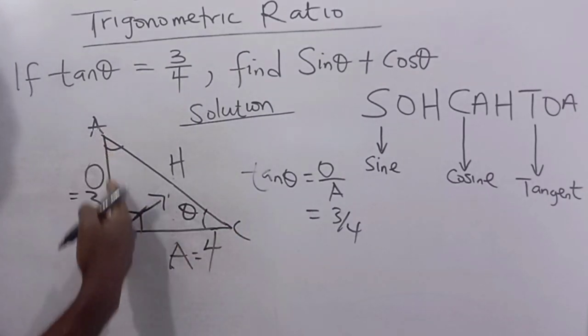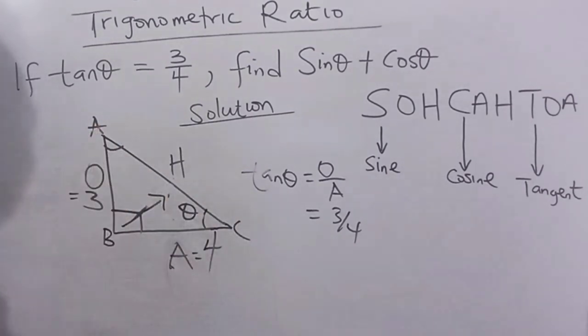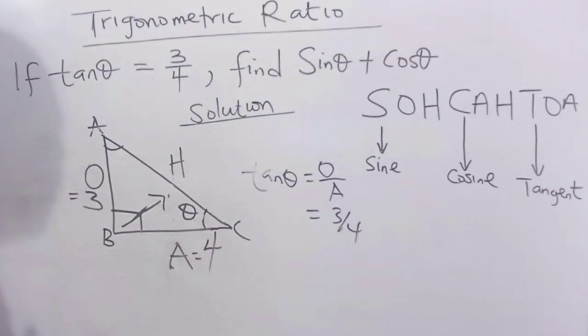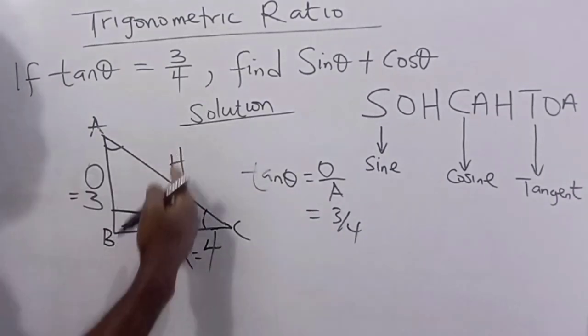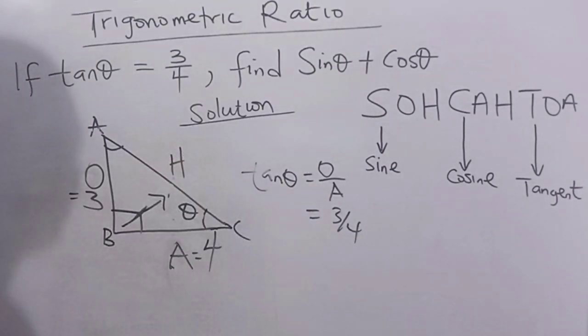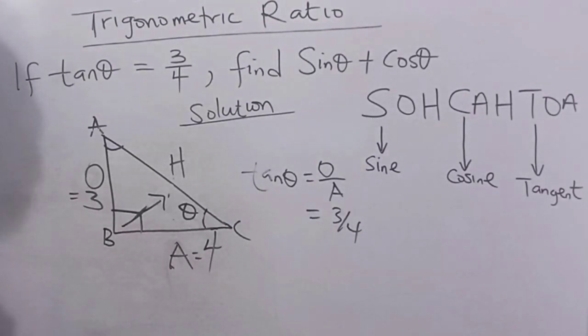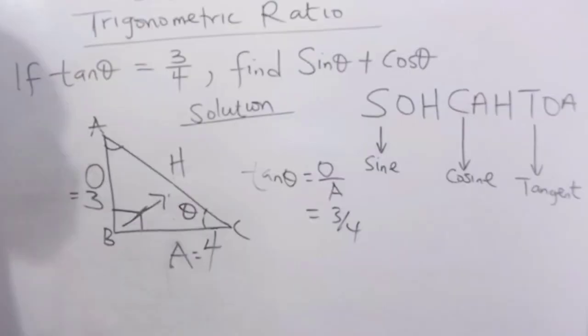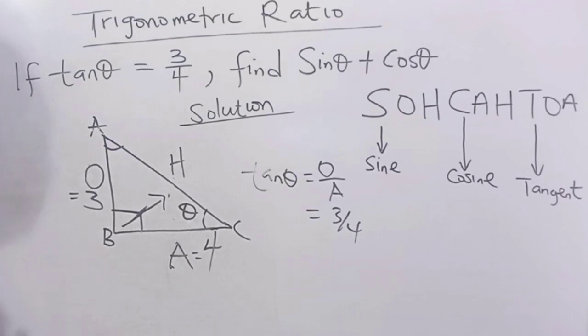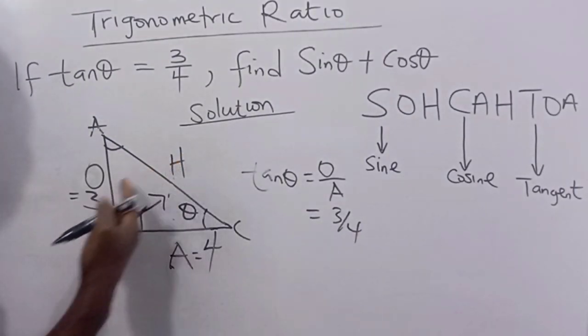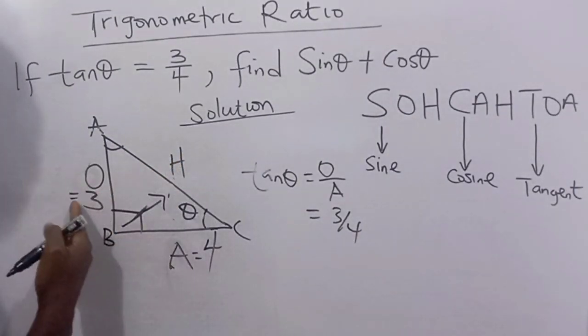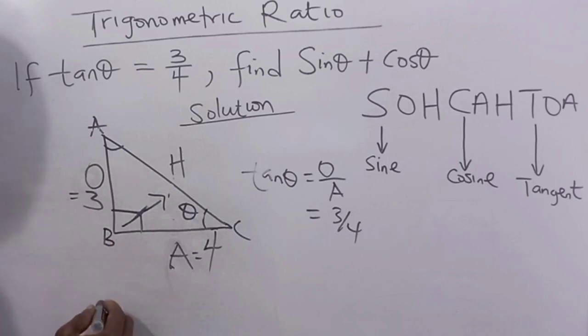So now we have a right angle triangle with 2 known sides. How can we find the third side of a right angle triangle? We use the Pythagoras theorem to find the unknown side of a right angle triangle. The Pythagoras theorem states that the square of the hypotenuse is equal to the sum of the squares of the other 2 sides.